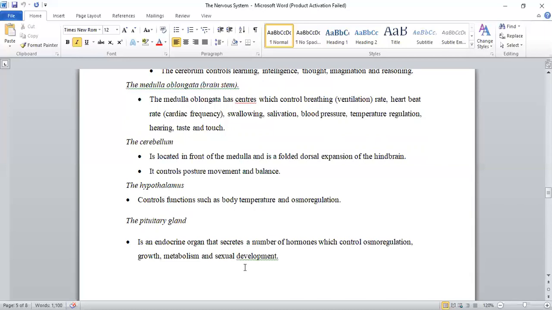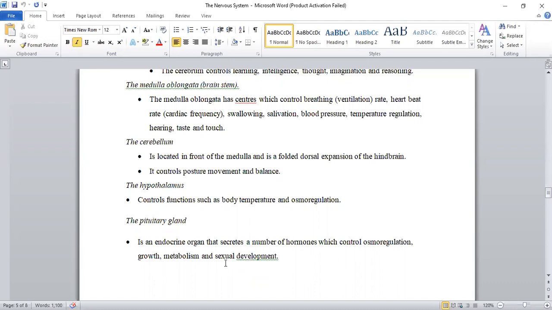Let me give you an example in female. In female, we have the follicle-stimulating hormone. Follicle-stimulating hormone is secreted from the pituitary gland, and it is released to the bloodstream. Remember, this is from the head, but it's supposed to act on the uterus. So it is carried by the blood to the uterus, and now it is able to act there for different changes that regulate the menstrual cycle in female.